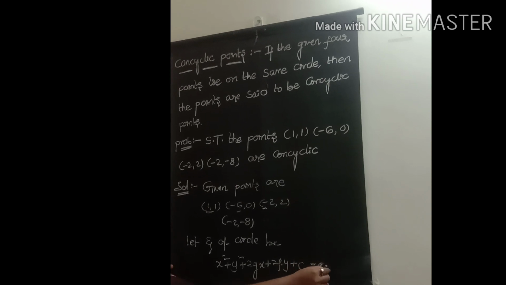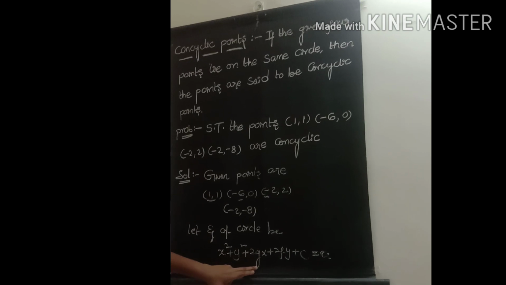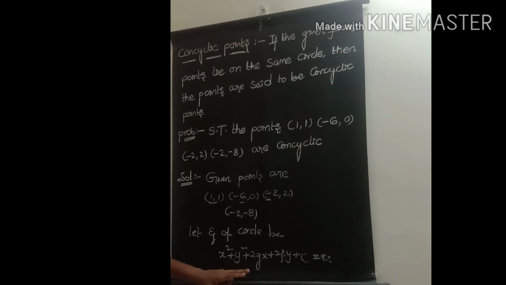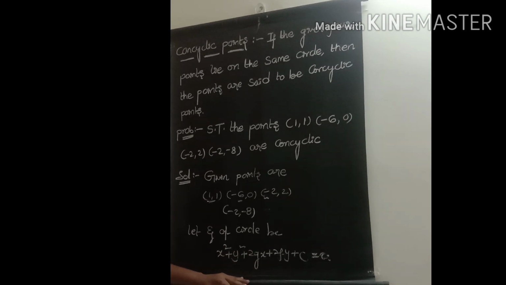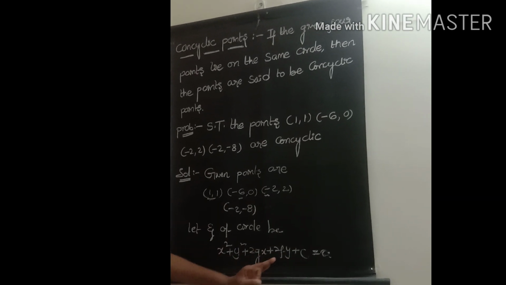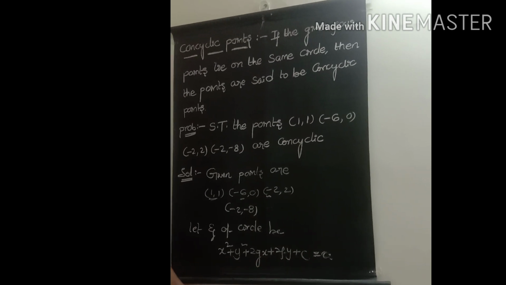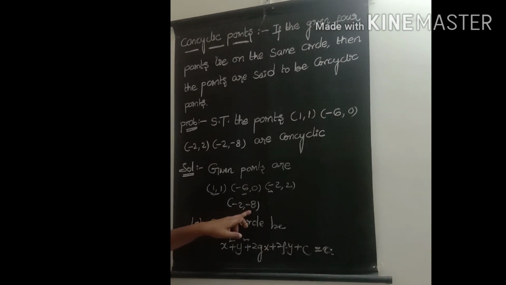Now to find the equation of the circle, first we substitute the first 3 points in this circle equation. Then we get 3 equations. By solving the 3 equations, we find the values of g, f, c, and substituting them in this equation, we get the equation of the circle. And in that circle we take the last point. That is the procedure.